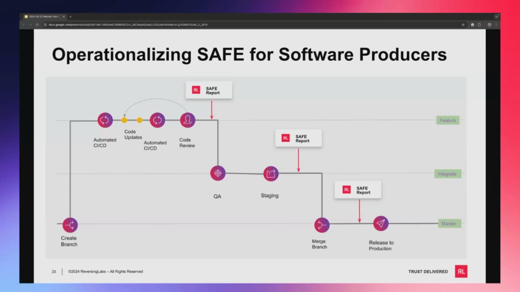And the SAFE report can be adjusted in a way where the results you get from each assessment reflect increasingly strict levels of scrutiny as your binary makes it from the build stage to the testing or staging stage, and then ultimately culminating in a final build exam just prior to production.